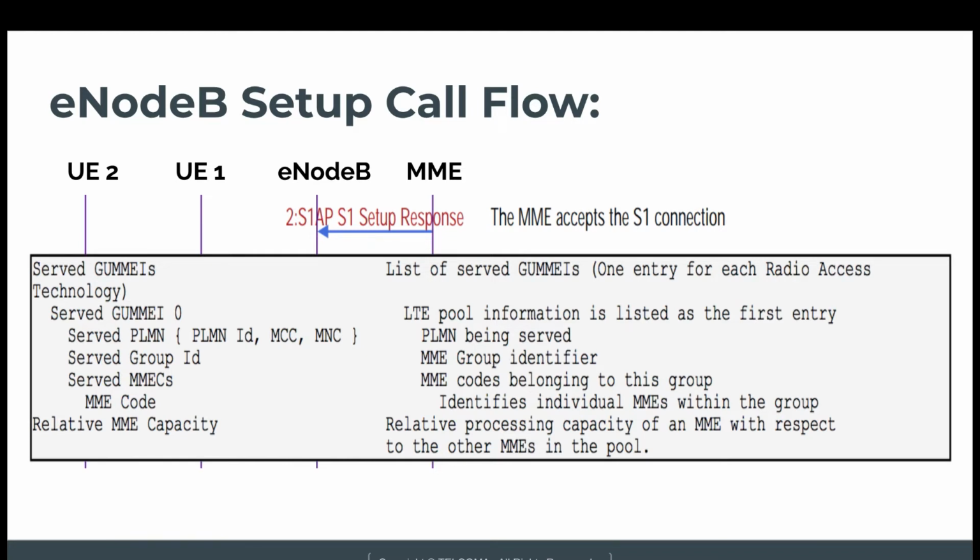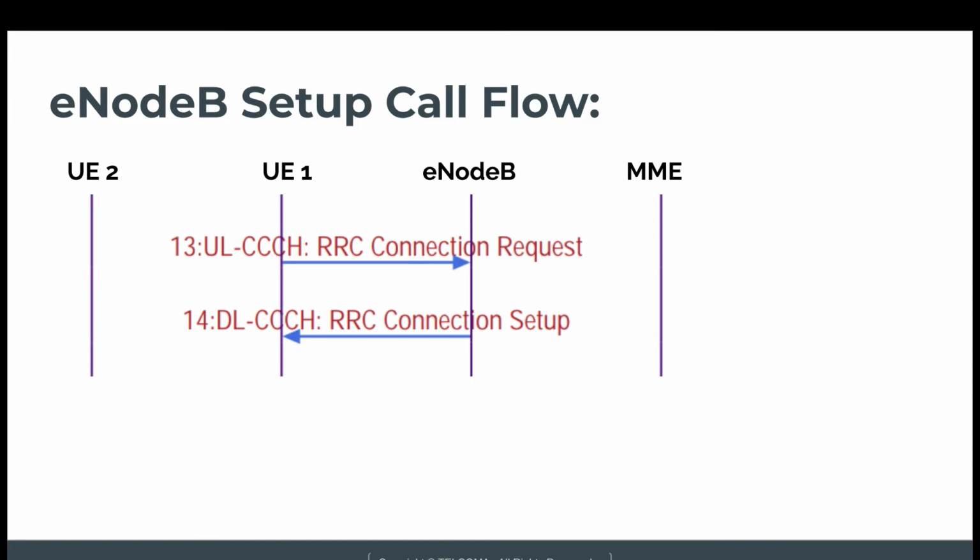After this, the system will start sending the SIB and MIB messages, that are the system information block and master information block, to the UEs. This is sent because the eNodeB wants to send the broadcast information to all the UEs present in that tracking area, so that they remain synchronized to the network.